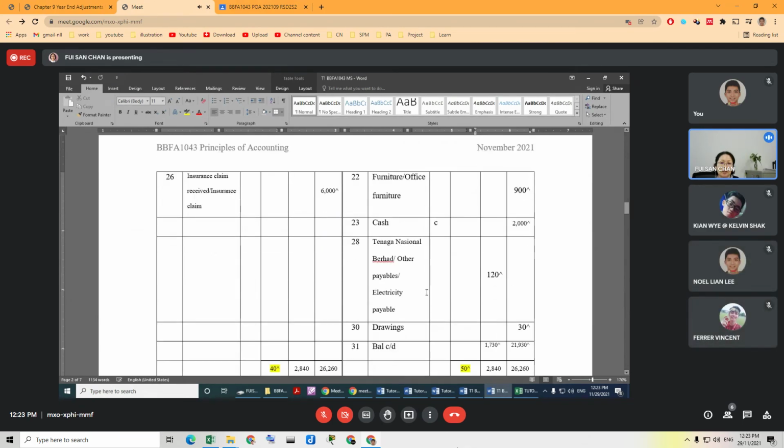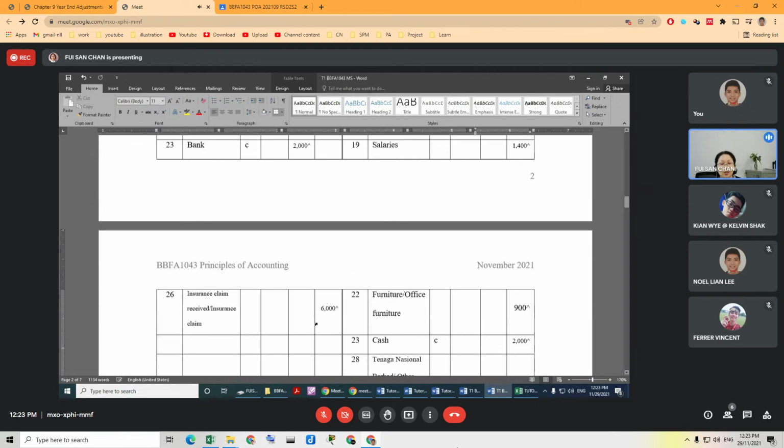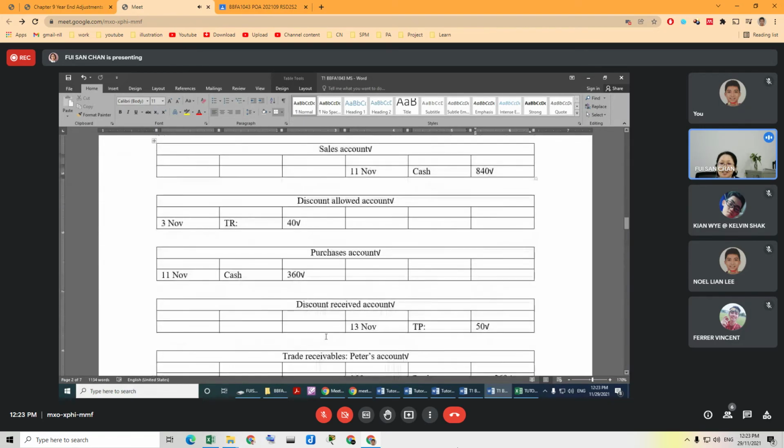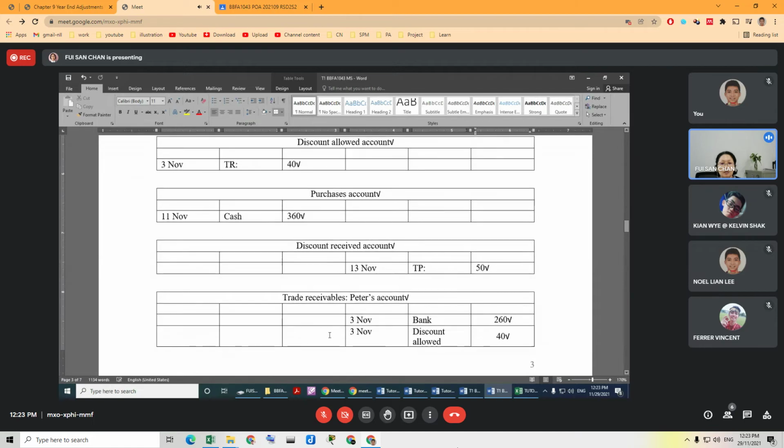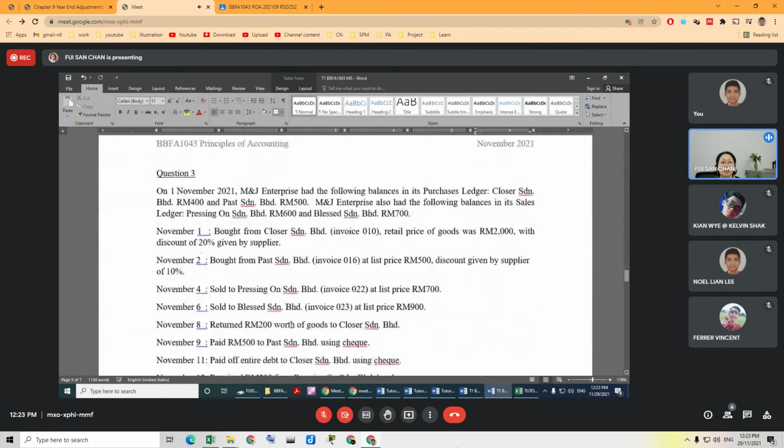And then this electricity bill, this drawing, and then you go to your debit side. So that's how you do it. You can have a perfect answer easily. Not an issue. So very easy, right? Actually your question is very easy. Everybody should pass.